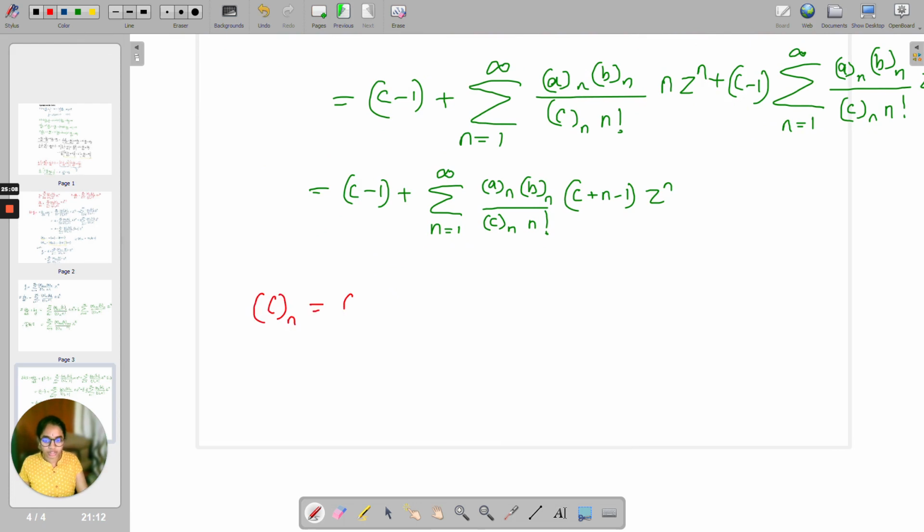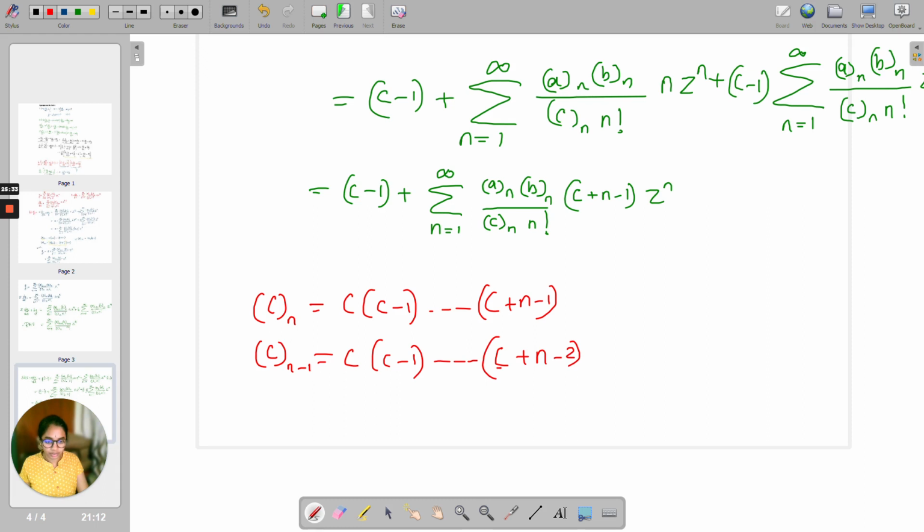What is cn? Pochhammer symbol again. c, c plus 1, so on up to c plus n minus 1. So in this series, you just remove one term and you would get c plus n minus 2.